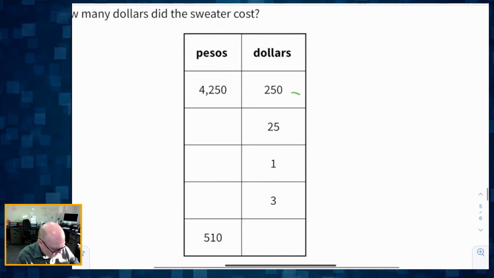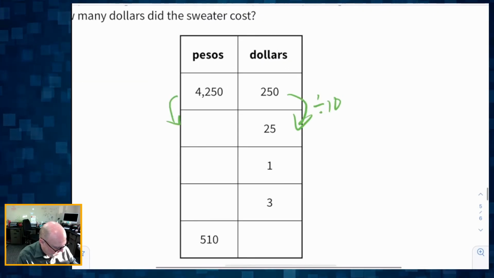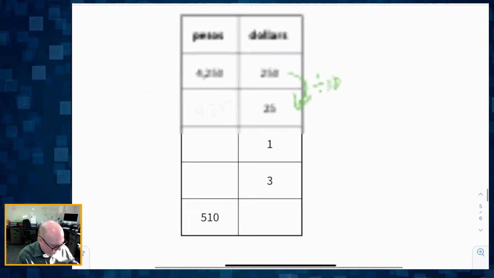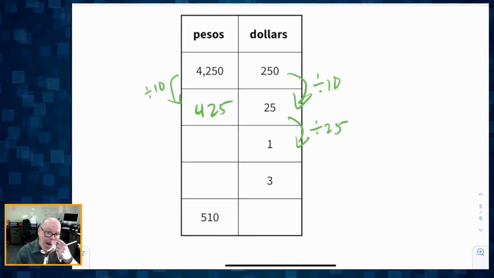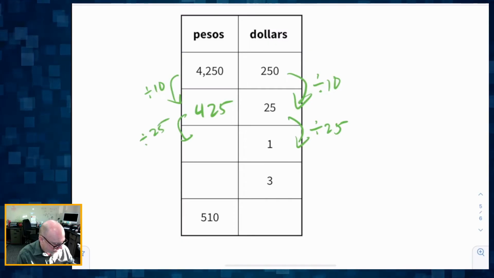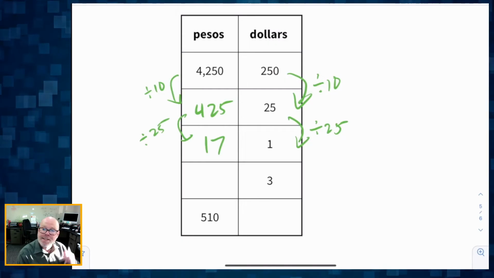So it looks like first thing they did was divide by 10. So we're going to divide by 10, and we get 425. Then it looks like they divide by 25 to get down to 1. So we're going to divide by 25, and we get 17.